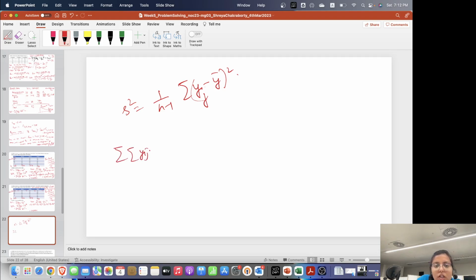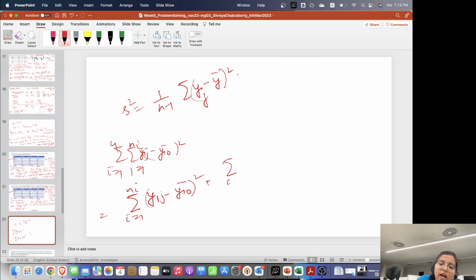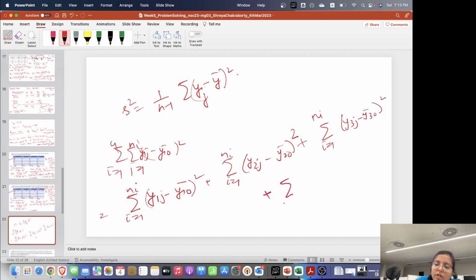So here the formula is double summation of yij minus yi naught bar whole square, i equal to 1 to 4, j equal to 1 to ni. So it will be the summation of y1j minus y1 naught bar whole square, plus the summation of y2j minus y2 naught bar whole square, plus the summation of y3j minus y3 naught bar whole square, plus the summation of y4j minus y4 naught bar whole square.